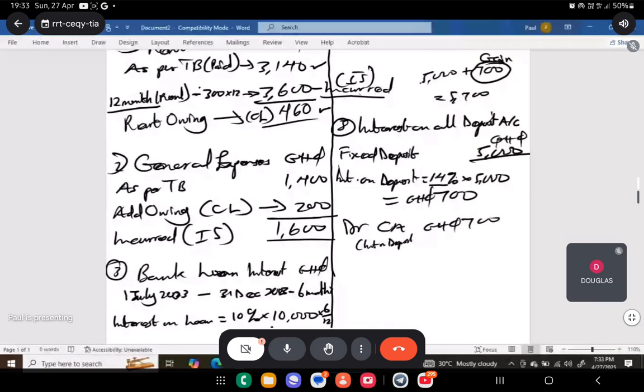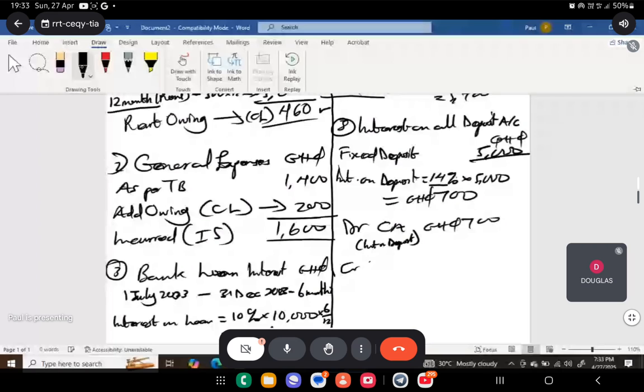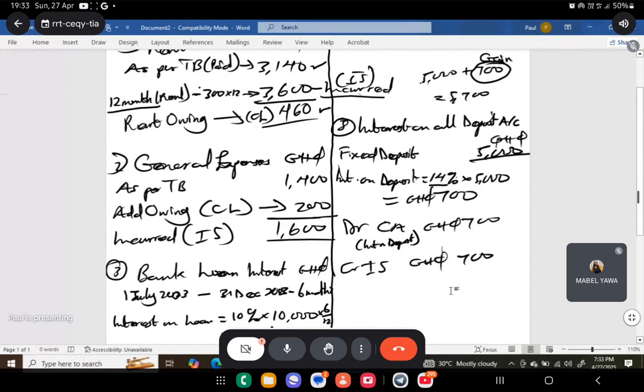I told you that this is a gain, and that income is revenues plus gains. So here it will be treated as other income in the income statement as 700. Do you understand? Okay.